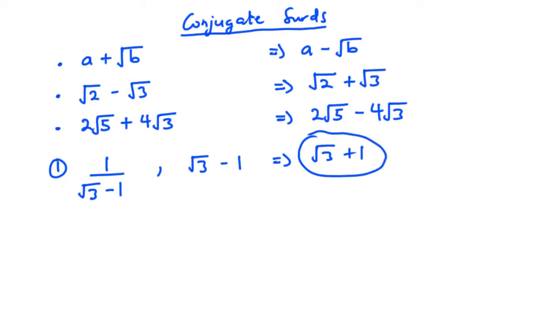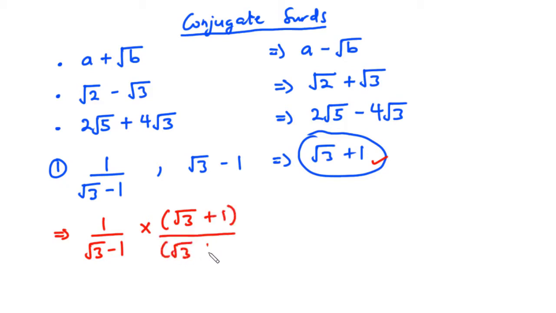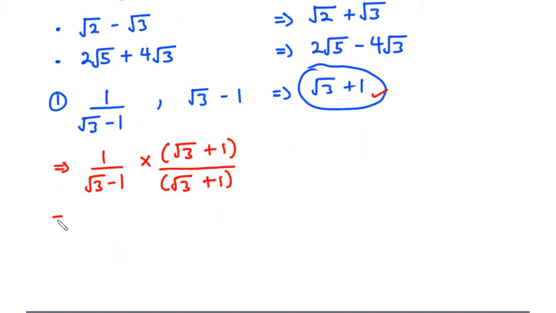So now let's solve together. So we have 1 over root 3 minus 1 times root 3 plus 1 divided by root 3 plus 1. So we have 1 times root 3 plus 1.